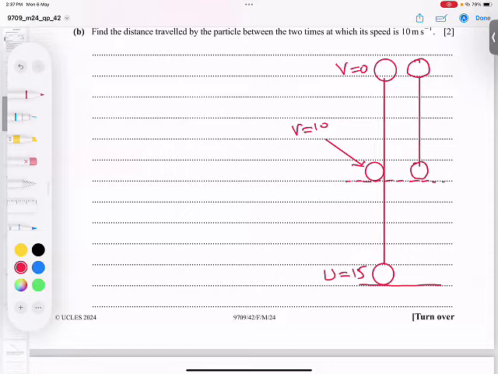At this moment, what is the velocity? Again, 10. So velocity 10, I will talk about this motion now. Students, now this 10 will behave as a U. So this is a 10 velocity here.